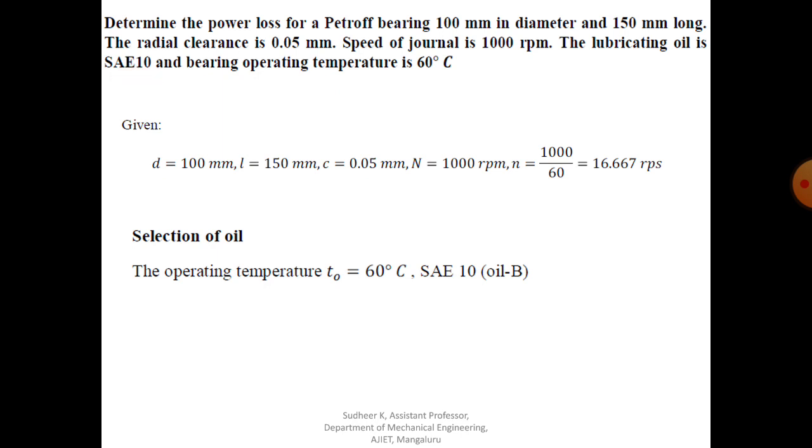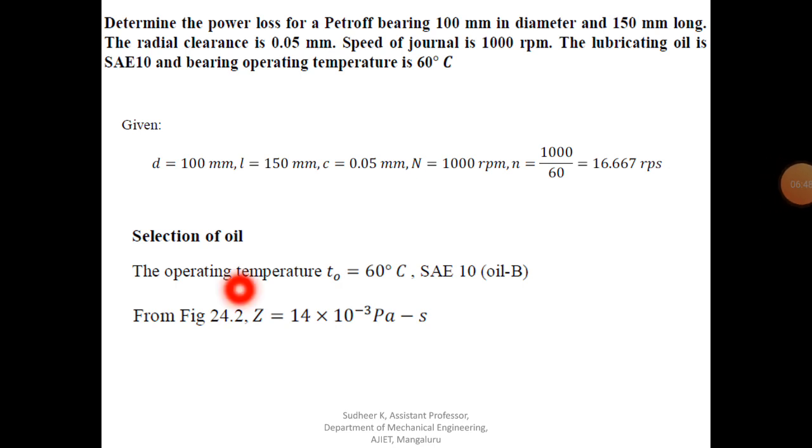For this purpose, you have one table, that is table 15.1, from page number 363. So for SAE 10, the type of oil is oil B, which you can find from table 15.1, from page 363.